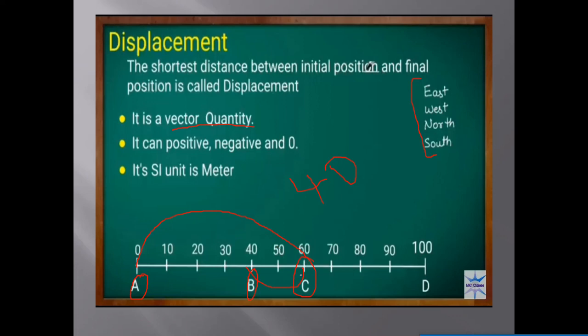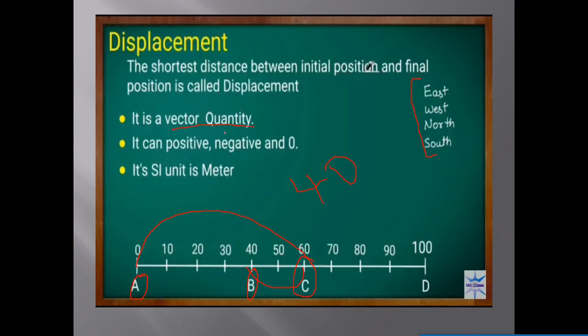Again, from C to B it is moving in the west direction. So I can say the object is moving from point A to C in the east direction and from C to B in the west direction. Remember, the shortest distance between the initial position and the final position gives the displacement.